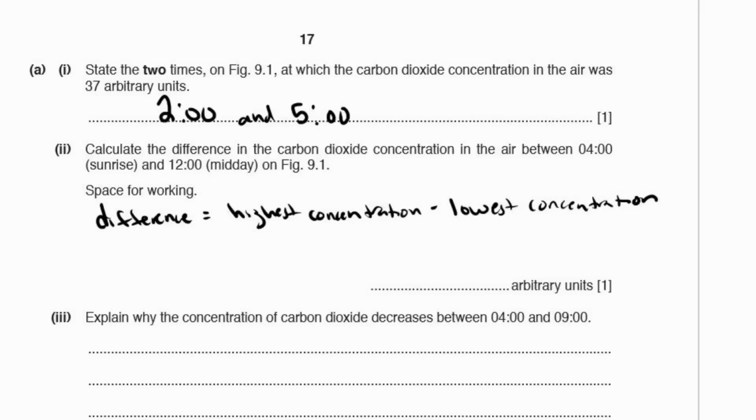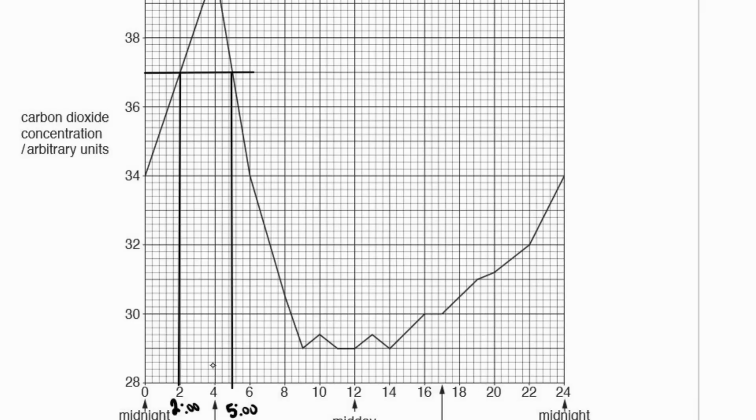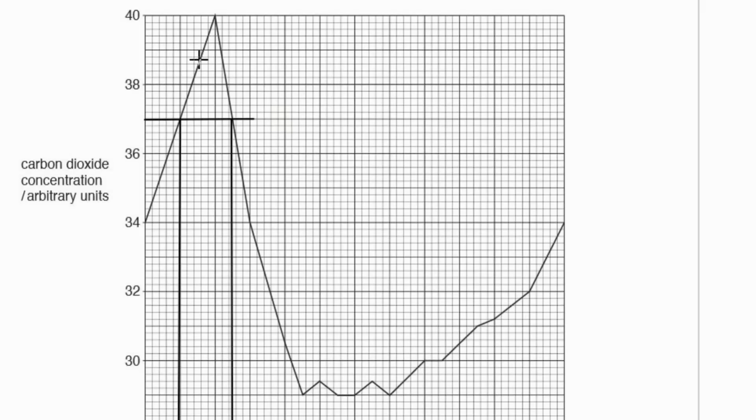Doesn't matter if that's final or initial, it's just the difference. So between 4 a.m. and lunchtime, 4 a.m. is the highest point here. If we draw a line this way, the highest peak is 40, and the units are arbitrary units.